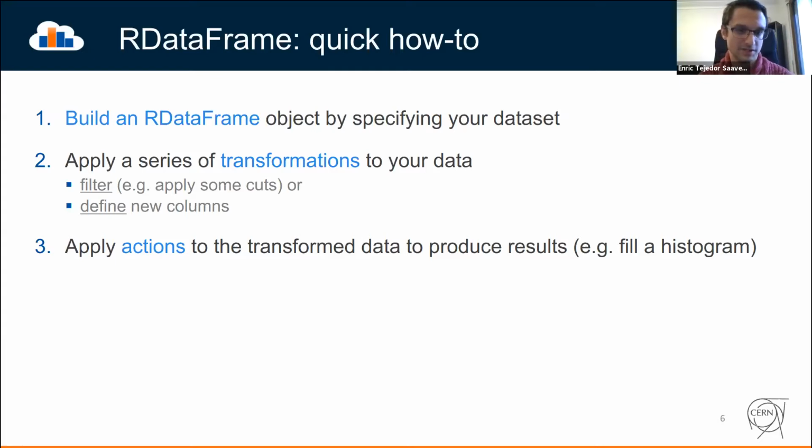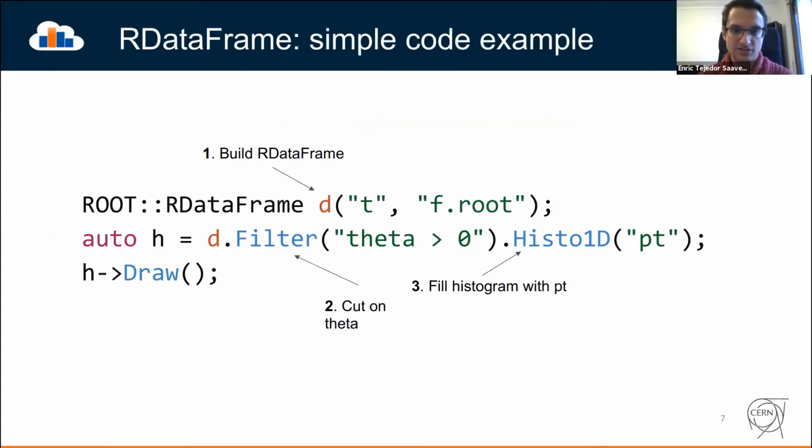You can, for instance, apply some cuts, filter events, or define new columns, maybe starting from some existing columns in the data set. And in the end, you want to get some results. To obtain that, you apply actions to the transformed data, and then you get results, for instance, a histogram. These three steps are illustrated in this slide.